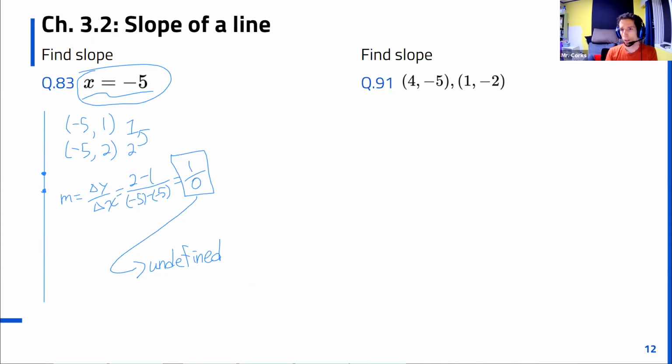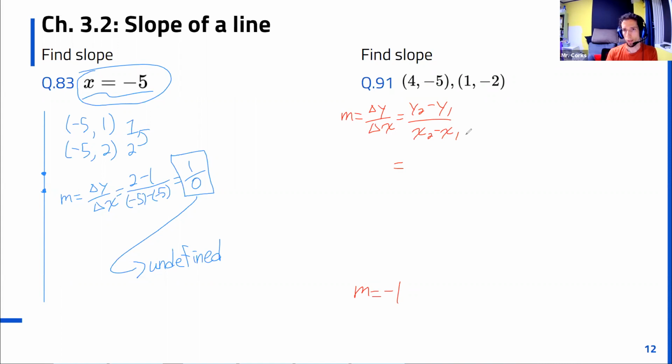Okay, on the right side, what is the slope that we have? -1. Okay, I see a few people wrote -1. So let's just double check that. Delta y over delta x is y2 minus y1 over x2 minus x1. That's the formula.